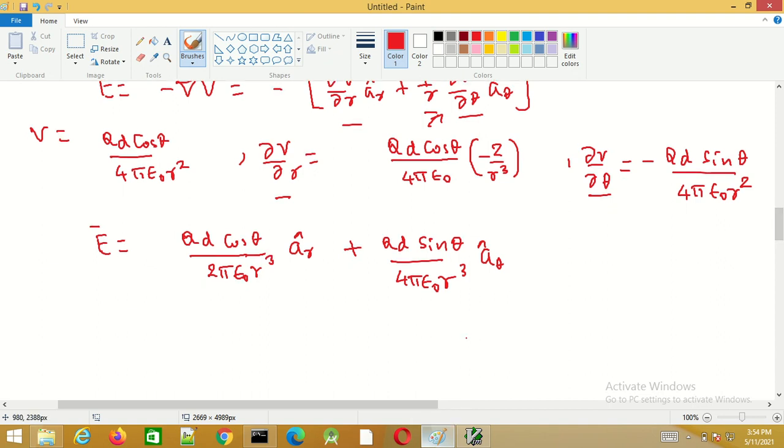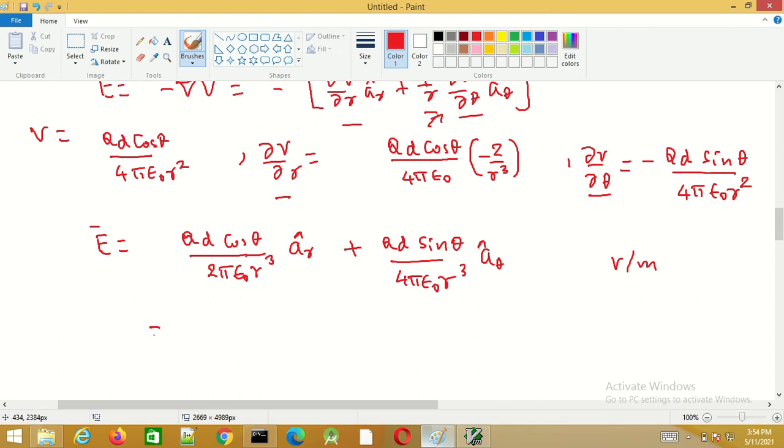This is the expression for the electric field due to a dipole which is placed at the origin.